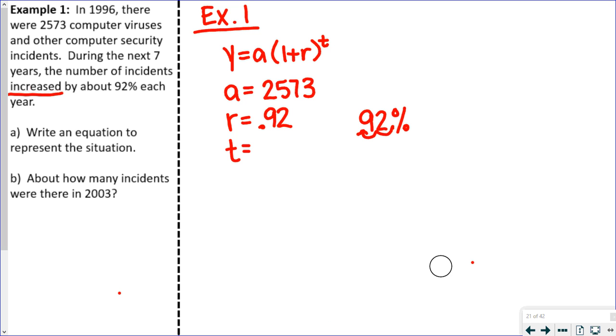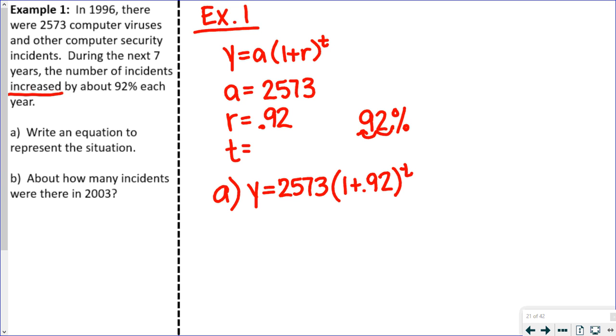But for the first part, when we do part A, we're just writing the equation, leaving t and y in your equation. So now I'm just going to plug in and get y equals, plug in the a value. This is just your generic equation that we're going to use for part B. And then it's 1 plus the r value, which is 0.92, raised to the t power.